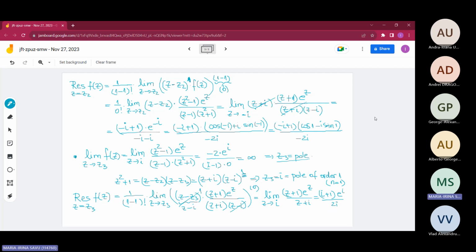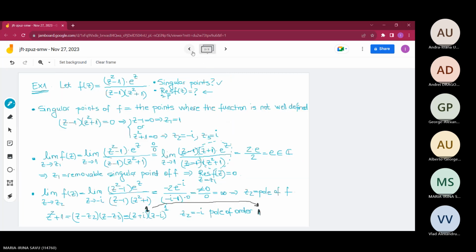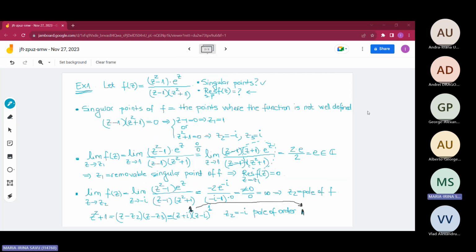And this is it. If you have questions, please tell me. So this is the way in which you state which are the singular points of a function.